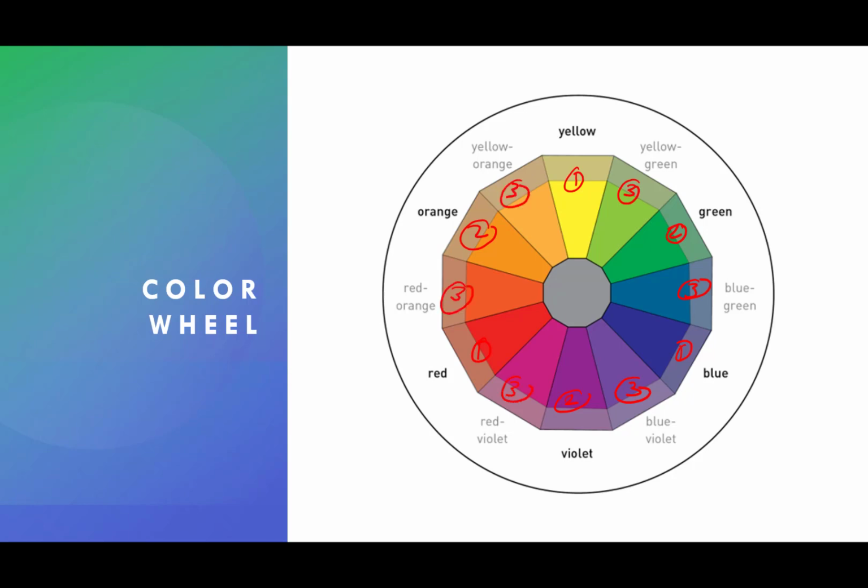And what's cool, like I said, about the actual color wheels that you can buy is that I could spin this around and see what would happen if I do violet with yellow, or red with green, or even yellow green with red violet, and what it creates.